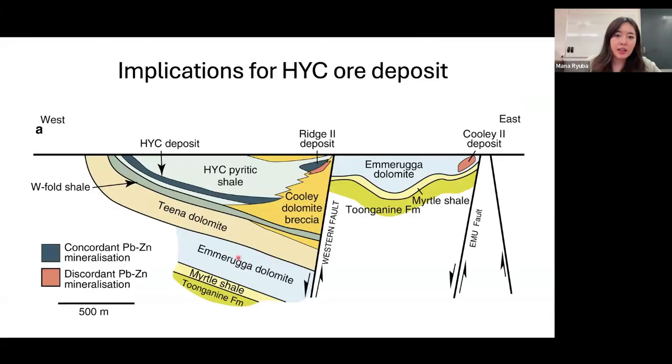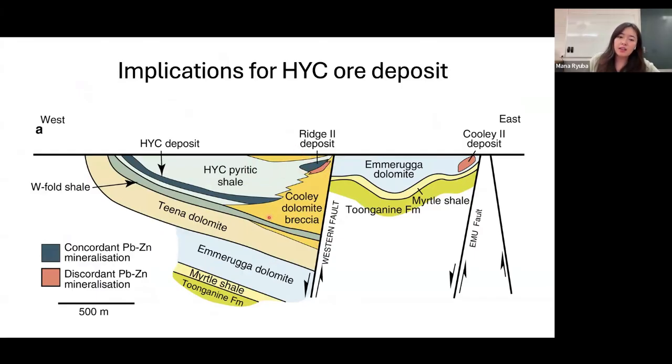So I think this also has some implications for how we view the HYC ore deposits. So this is quite a typical cross section that is used to depict what the HYC deposit looks like, and this is just bringing your attention to this Cooley Dolomite unit.